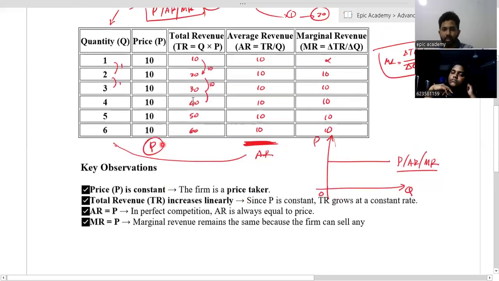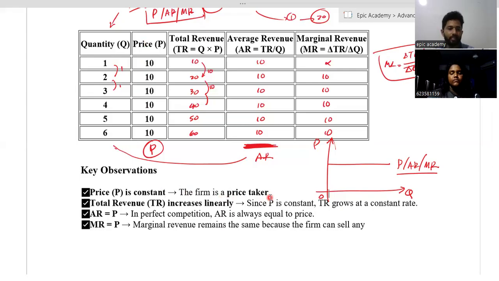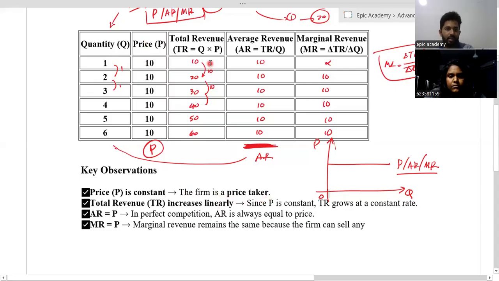Key observation: because of this, price, or P, is constant, isn't it? Yes, constant. The firm is a price taker, that is why. The firm cannot change the price. That is why it becomes a constant price. Total revenue, TR, increases, isn't it?